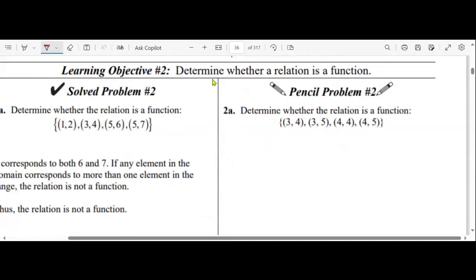Second objective, determine whether a relation is a function. Take a look at this relation. Is x repeated? Yes. If x is repeated, then the relation is not a function.